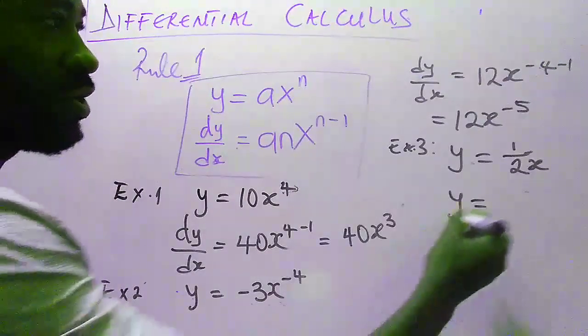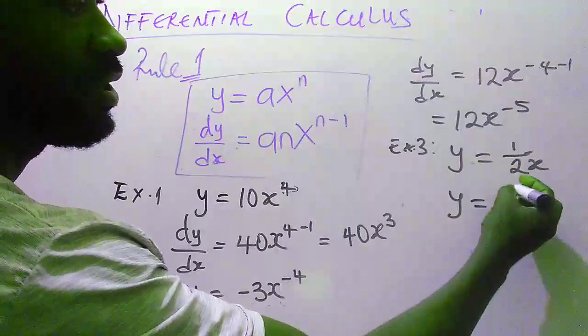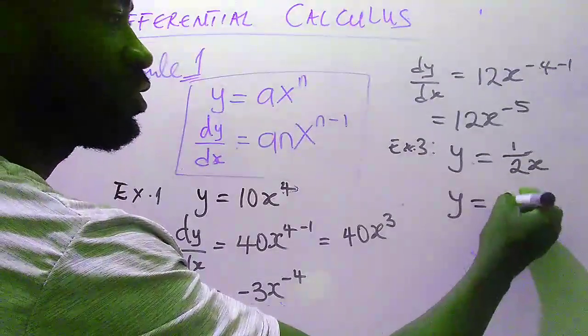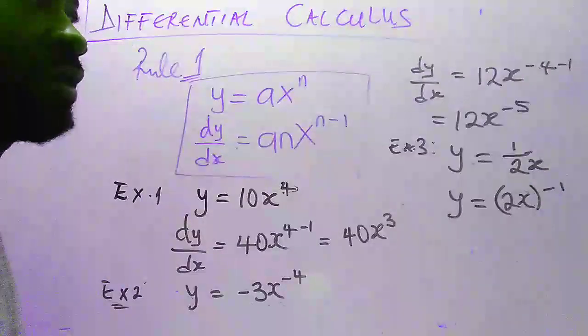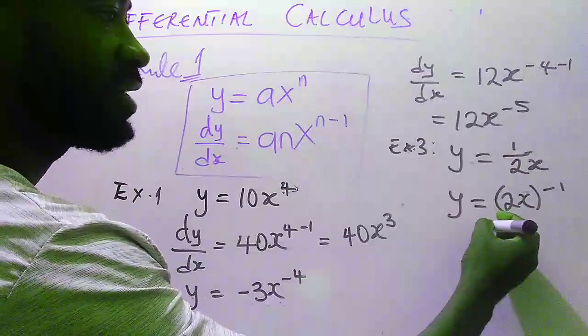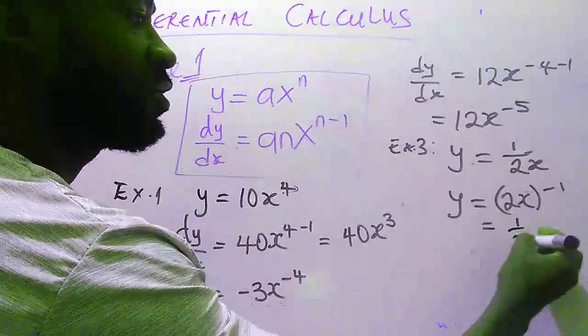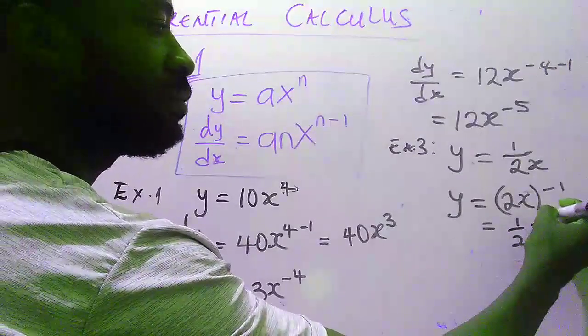This is the same as 1 over 2 times x raised to the power of minus 1.